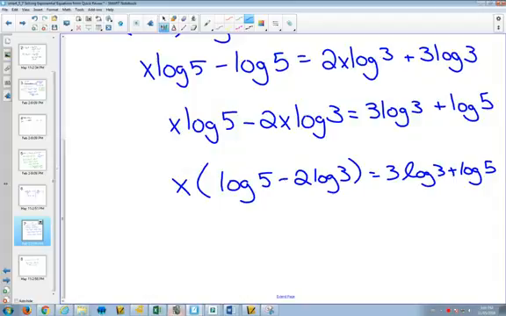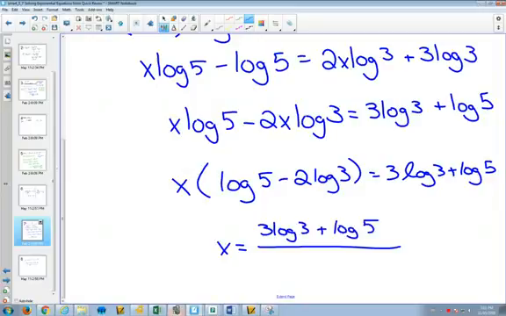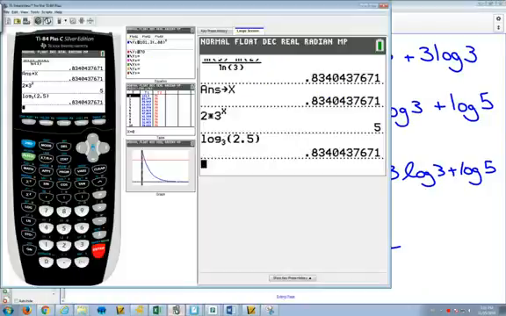And then how would you get x by itself? Divide. So we have 3 log 3 plus log 5 on top, and we're dividing by log 5 minus 2 log 3. Again, this is where it's really nice to have the fraction button on your calculator.